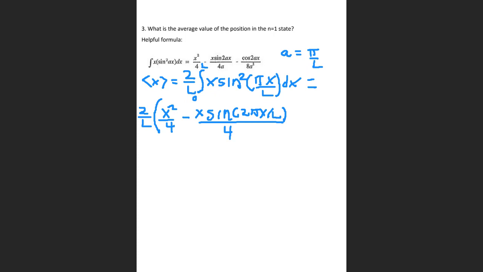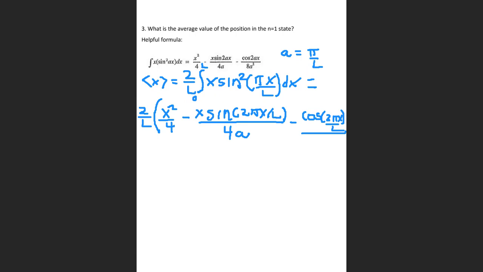We know what a is, I wrote it right up there. Minus the cosine of 2 pi x over L over 8a squared.